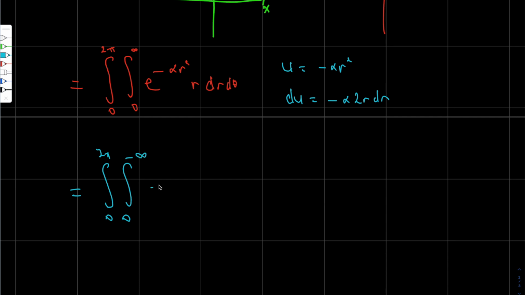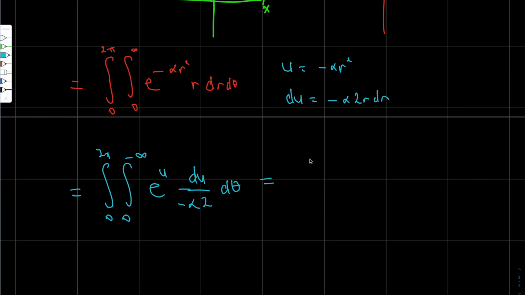Okay, so we have now e to the u, and we see that the r's are going to cancel, so we're left with du over alpha. Oops. We have a minus alpha 2 d theta, and let's make sure I didn't miss anything. Perfect.